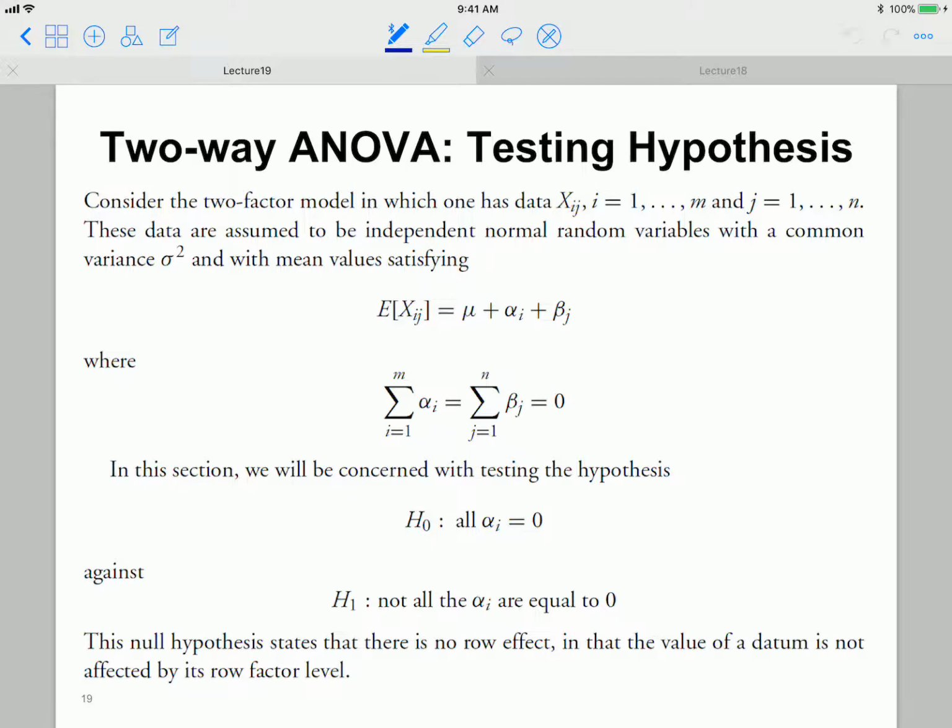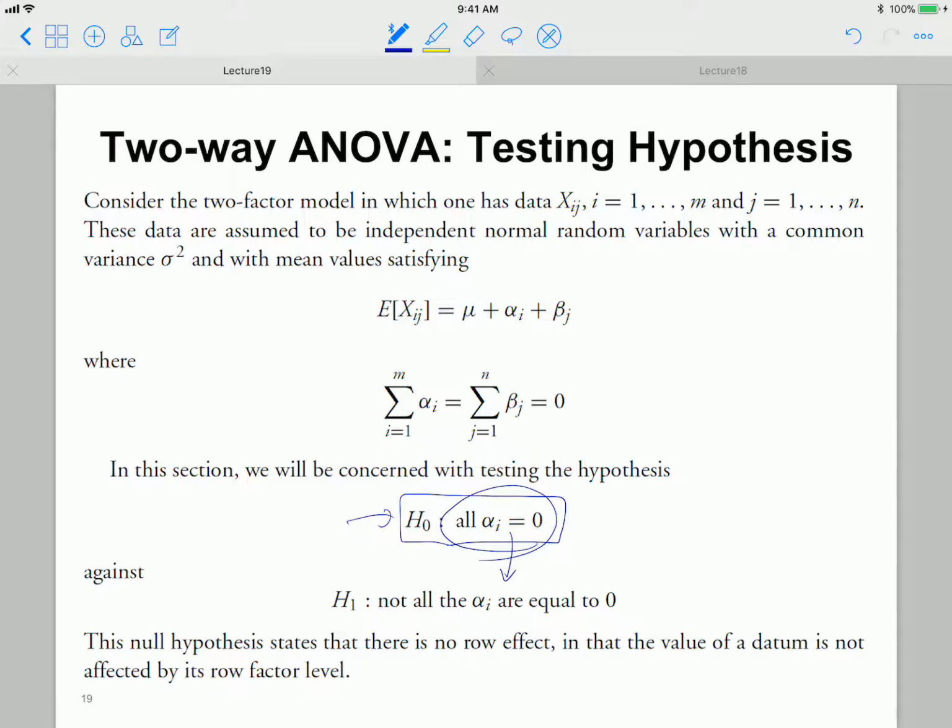And now let's go to the main task of hypothesis testing. The hypothesis testing in this two-way ANOVA can be in two different forms. The first hypothesis is this: all alpha i's are 0. This is the null hypothesis, and the alternative hypothesis is the opposite case where at least one of them is different from the rest.